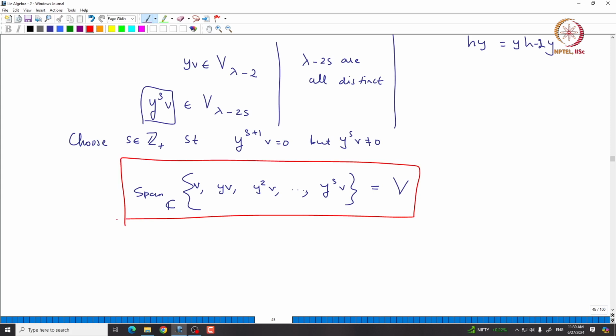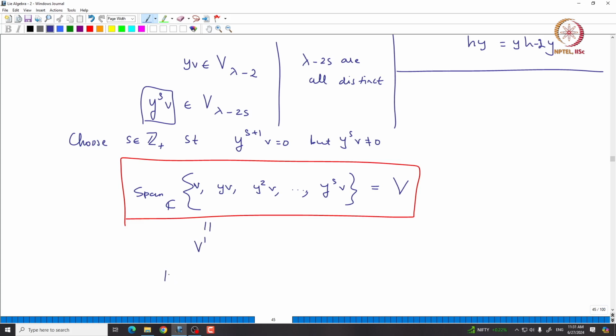Okay. For example, let me do some small computation to convince you why one can expect this. It is obvious that all these vectors are eigenvectors for the H action. So, in particular they are stable under H action. The right hand side, let us call it V'.